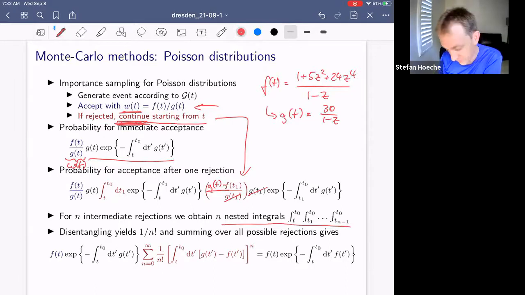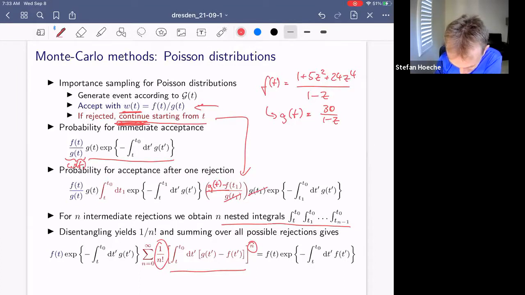And you can perform the same trick as you do in standard QFT lectures when you talk about the time ordering operator. You can reorder this and turn these nested integrals into a 1 over n factorial times the basic integral to the power of n. And you know the series again, this is just an exponential series.